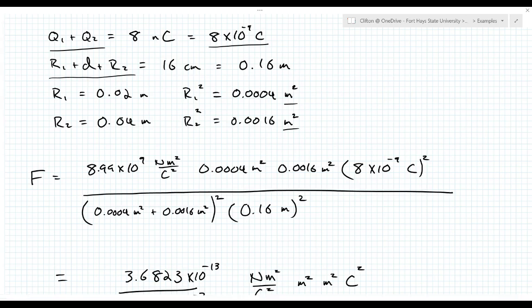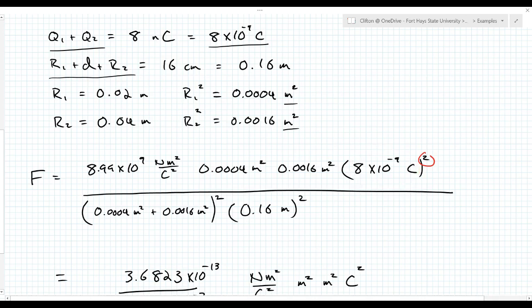Alright, so I take all of those and I plug them into the equation that I wrote down for the force. So here's Coulomb's constant. Here is R1 squared. Here is R2 squared. And then this is Q1 plus Q2, and then that quantity is going to be squared.